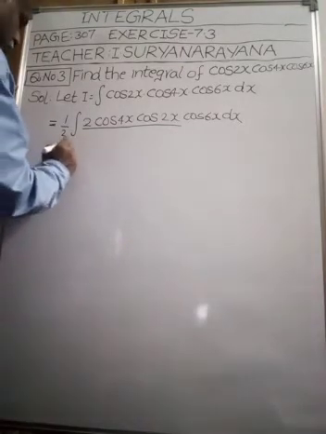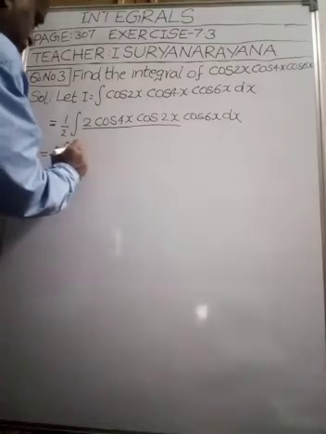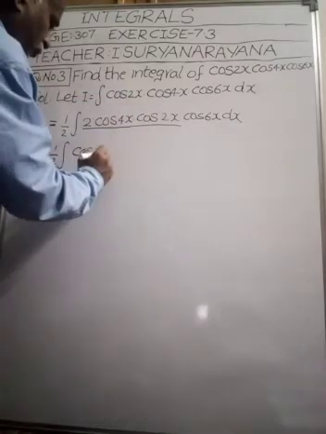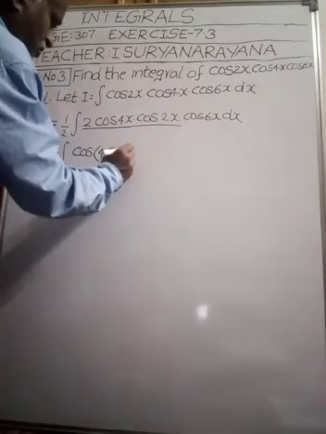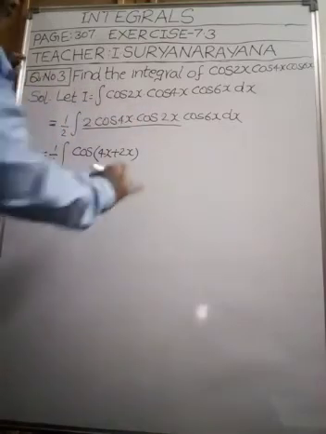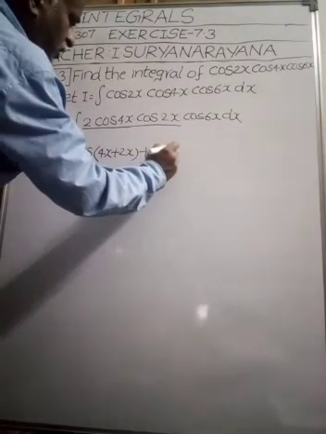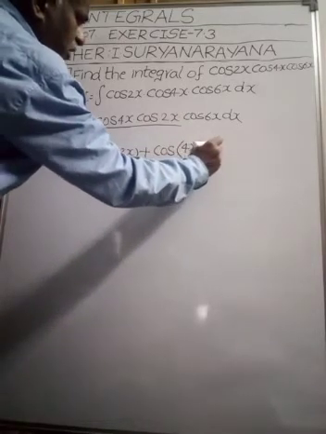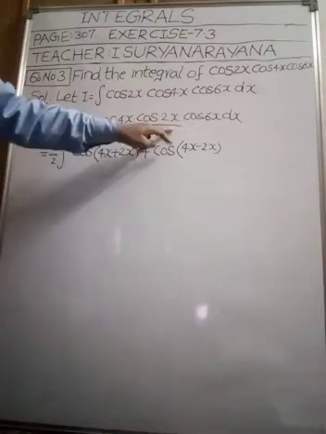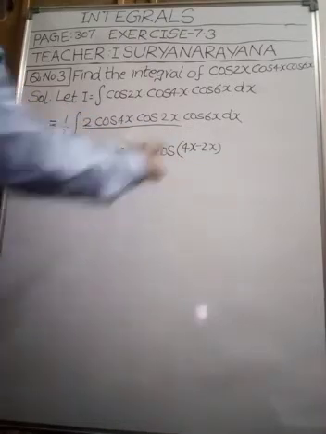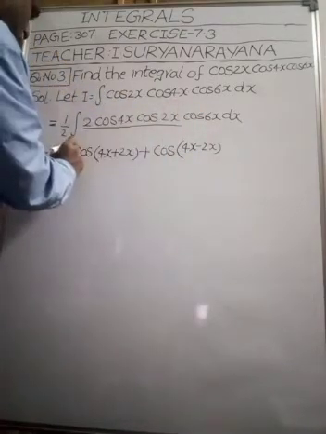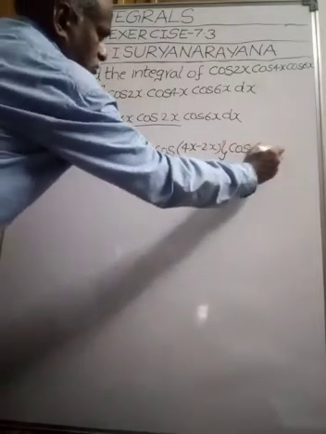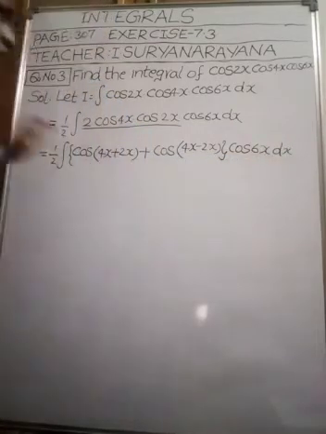So 1 by 2 integral of cos of A plus B, that is 4x plus 2x, plus cos of A minus B, that is cos of 4x minus 2x, into cos 6x dx.